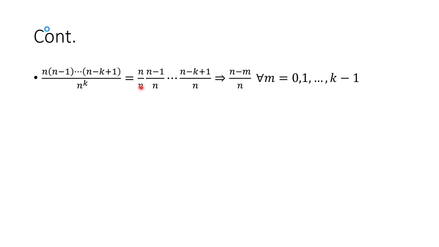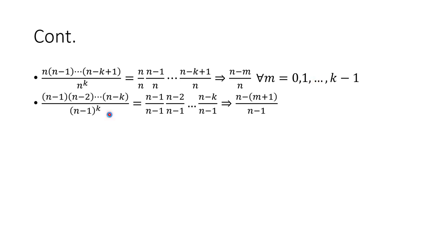So it becomes n/n, the first term, (n-1)/n, all the way to (n-k+1)/n. So we have k terms here. In general, (n-m)/n is the m-th term, which is 1 - m/n, where m goes from 0 all the way to k-1.